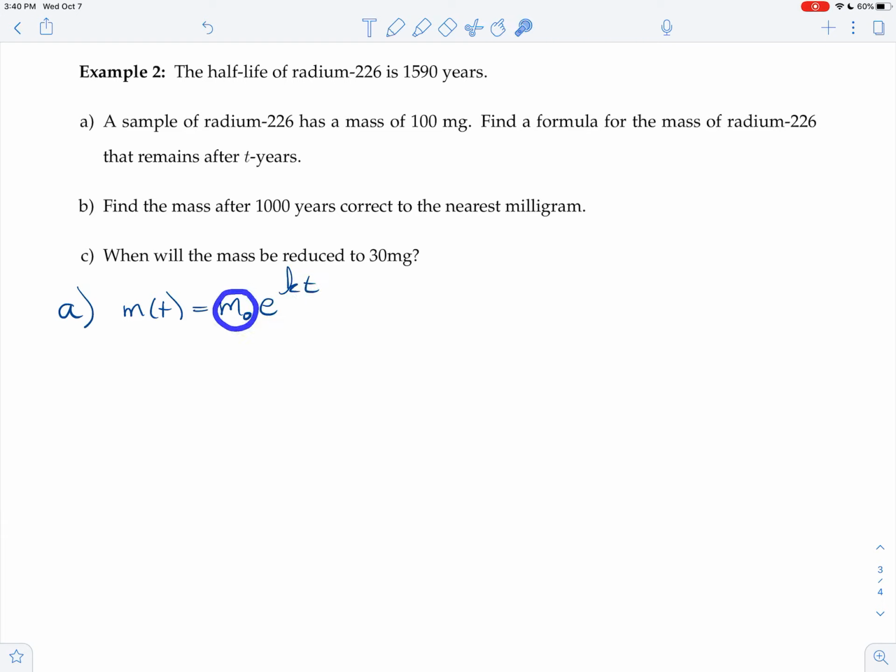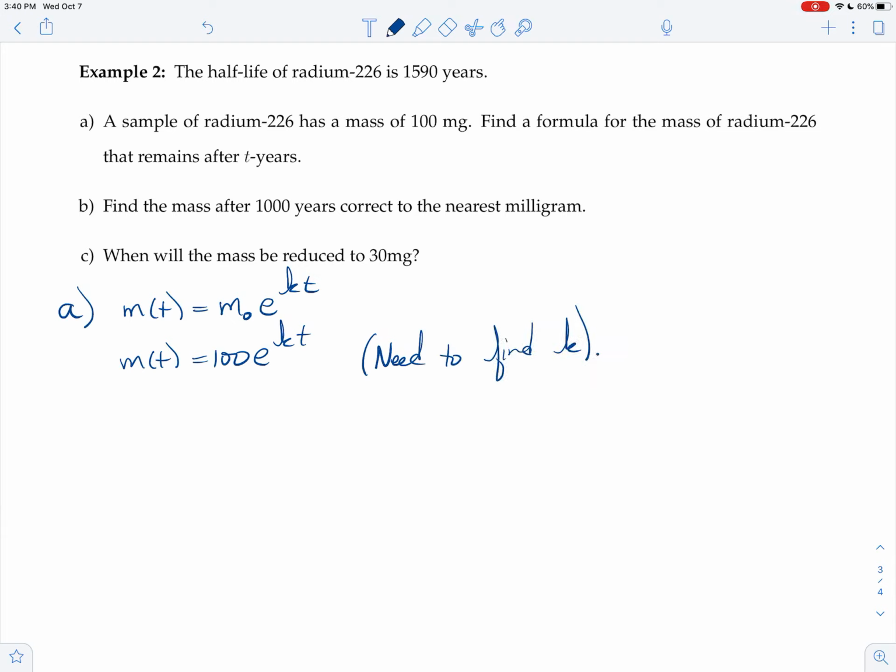That's just m of 0, the initial starting amount. So this constant is always the starting amount of whatever element we're working with. So this is exactly 100 e to the kt. All we need to do to work out A is to find k.